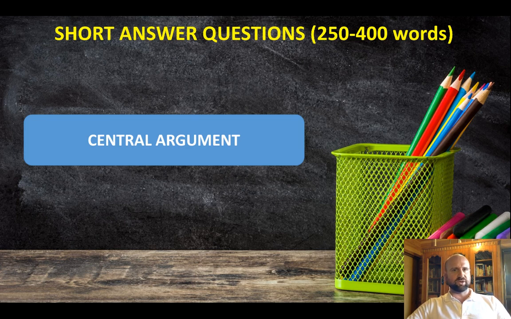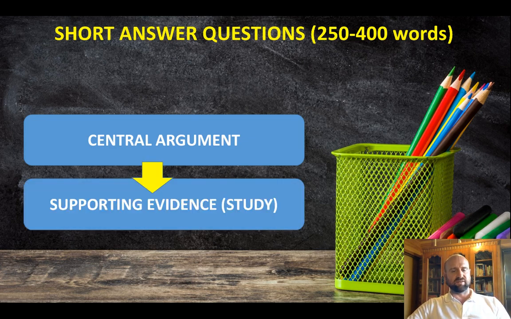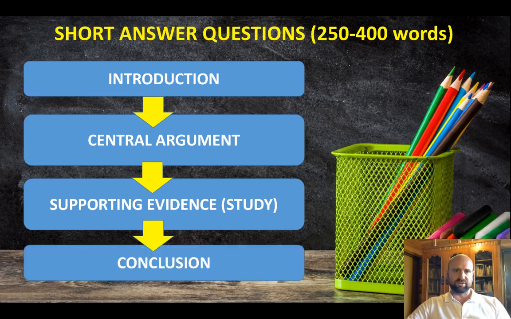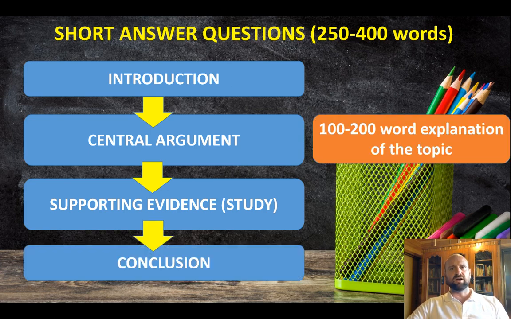Now, good short answer questions, and I'll try and link somewhere here my other video explaining how we can answer any short answer question, but I think it has a central argument, and then this is followed by a study. So our introduction simply states our central argument and the study we'll use. We get into the argument, the study, and then the conclusion wraps it up in a sentence or 2. I would say the central argument would be a 100 to 200 word explanation of the topic.